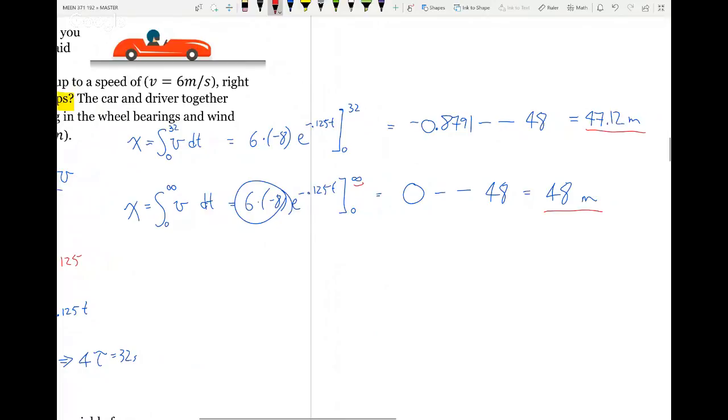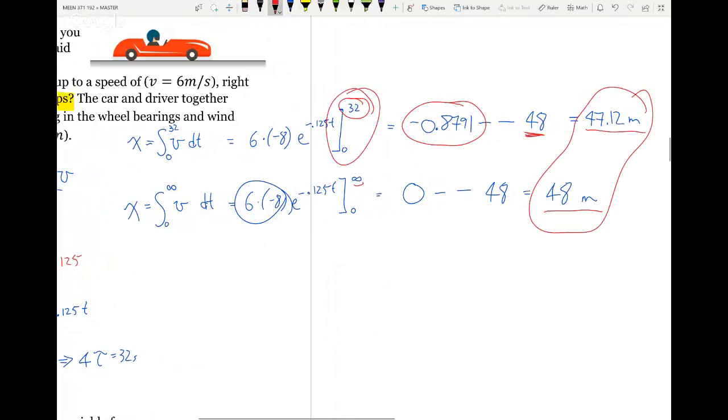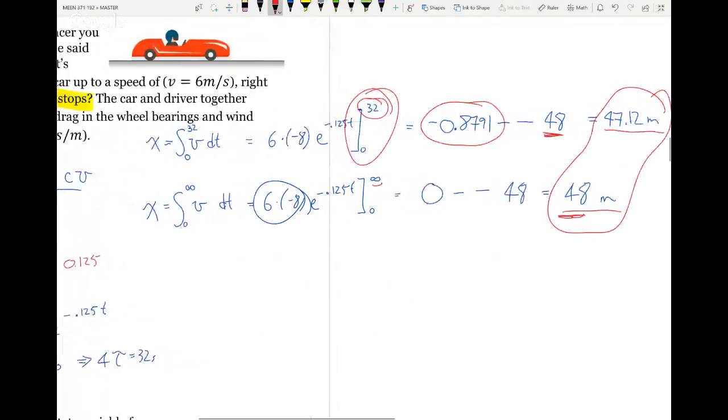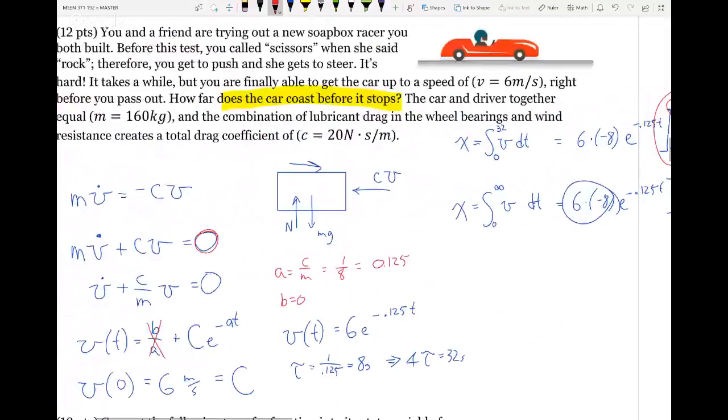Notice that this term is the one that keeps it from being 48, and as the time gets longer and longer, this gets closer and closer to 48. It doesn't go off to infinity because this is stable, and it stops eventually at 48 meters. Either one of these is the right answer. I actually think I gave a little bit of extra credit if you did it this way rather than just finding this 48. Okay, let's take a look at the next question.